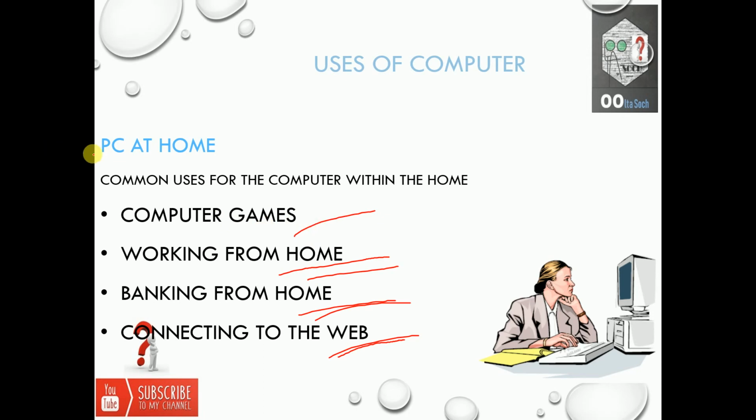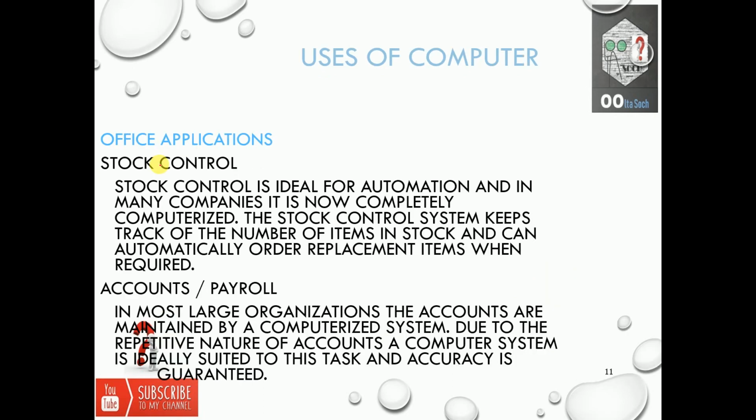PC stands for personal computer. Then at office, stock control. In an office, you have inventory, you have some raw material. You need to keep the details of the stock, the sales, the purchases, every data; you can use a computer. Normally we use a computer to control the stocks, accounts, salaries, payrolls.